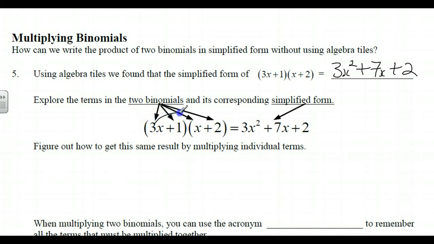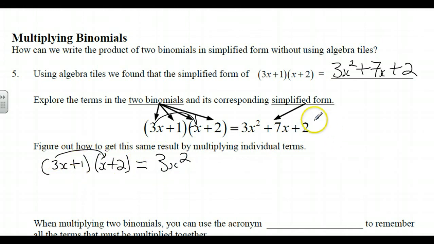So if we multiply the 3x times the x, so here, let me write this out. 3x plus 1 times x plus 2. If I multiply 3x times x, that's going to give me 3x squared. Now you might also see, hey, if I multiply 1 times 2, that's going to give me the 2.